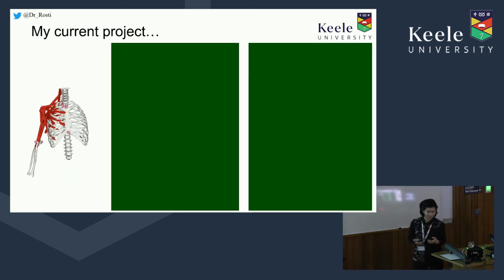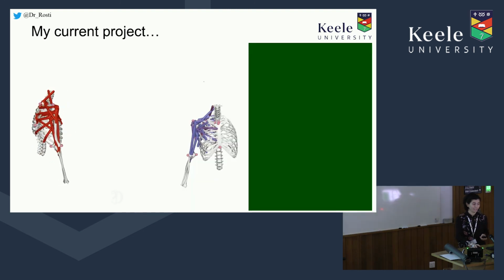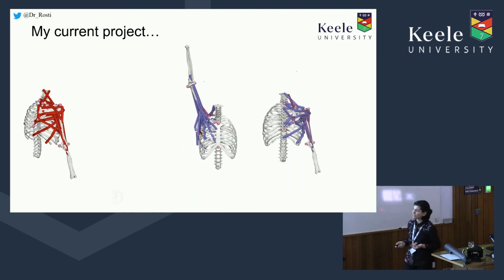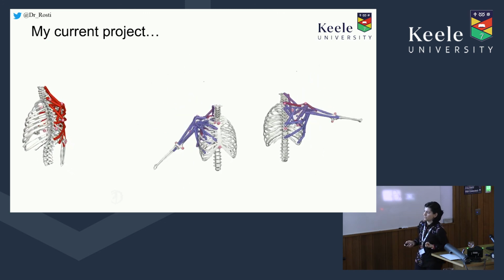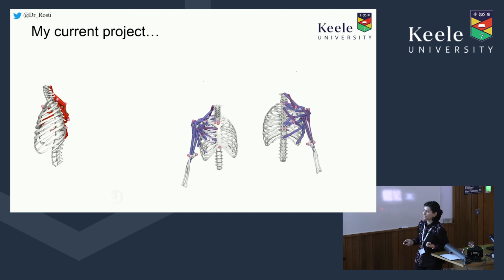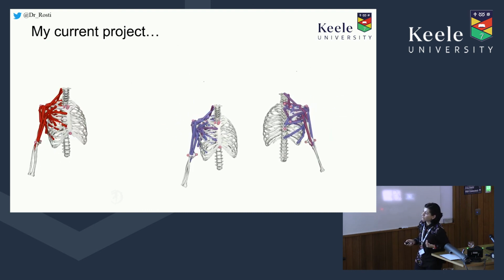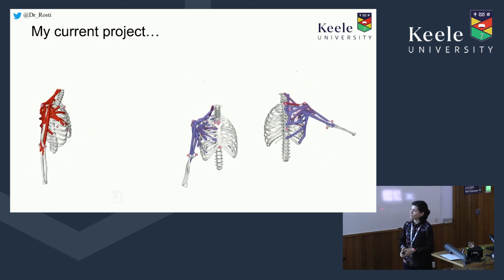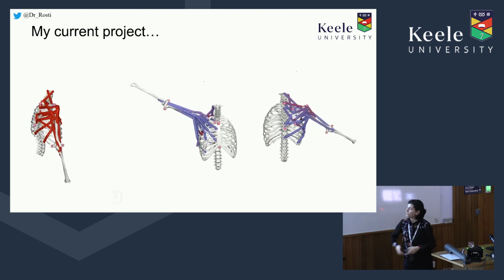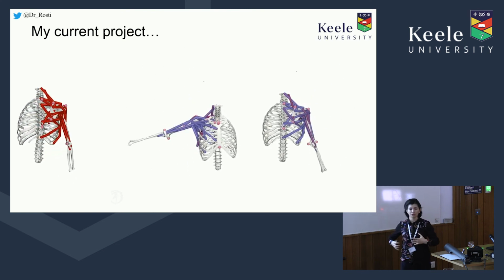And here's the fun part. These are some videos of the muscle model I've created so far. In here is just a rotation of the personalized model. It doesn't have a skull because we're not interested in that. And we have muscles around the shoulder. And what this one shows is that when you move your arm up and down, some of your muscles get activated and some are not active.